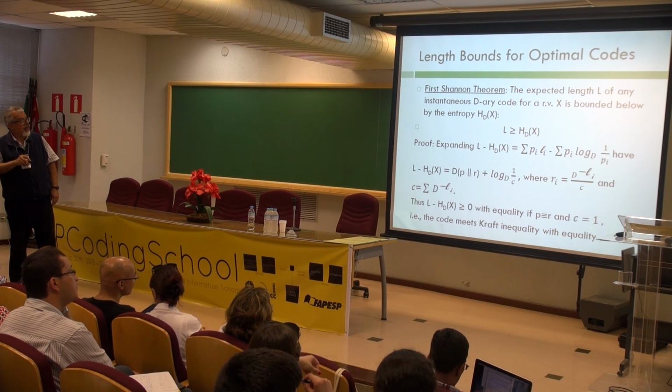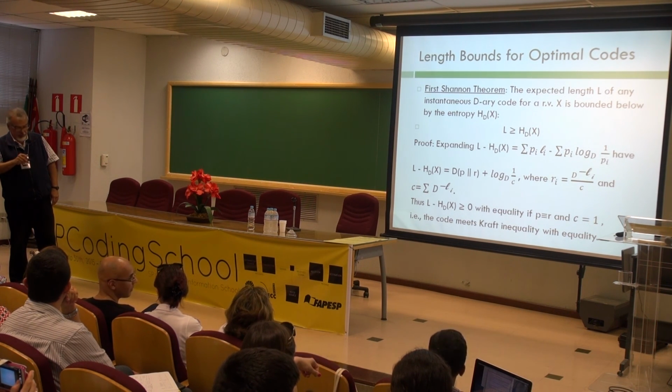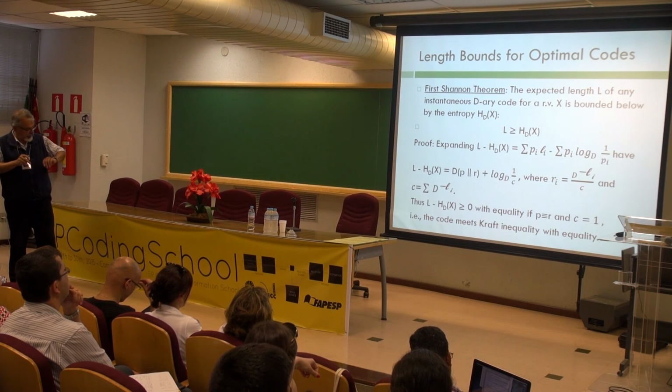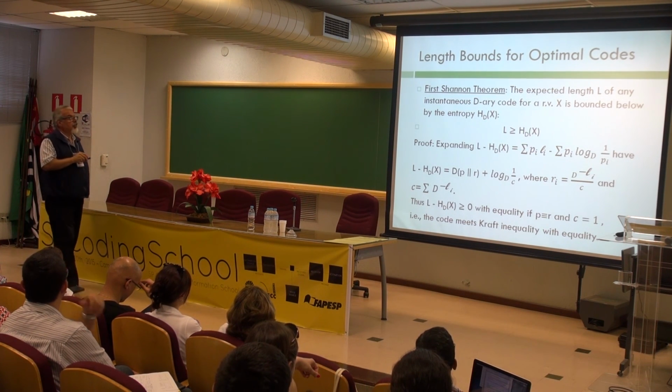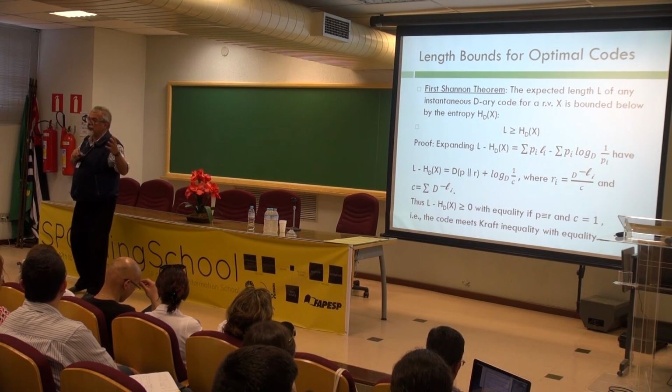Okay, this I think we can just state, and then let's see how much time we have. I guess we can go a little bit more. Okay, the first Shannon theorem. That is one of the results that he had in that 1948 paper.